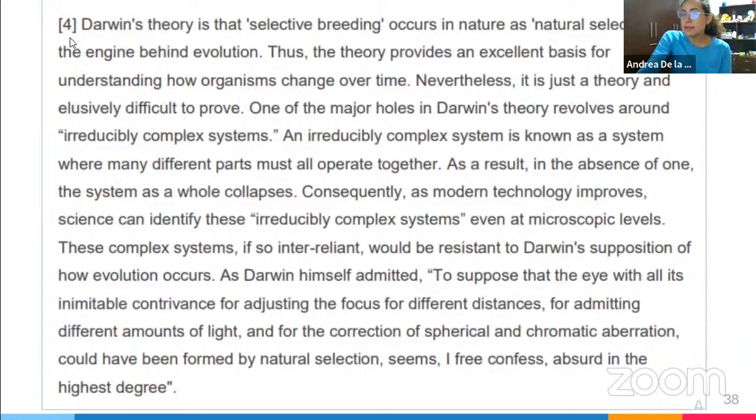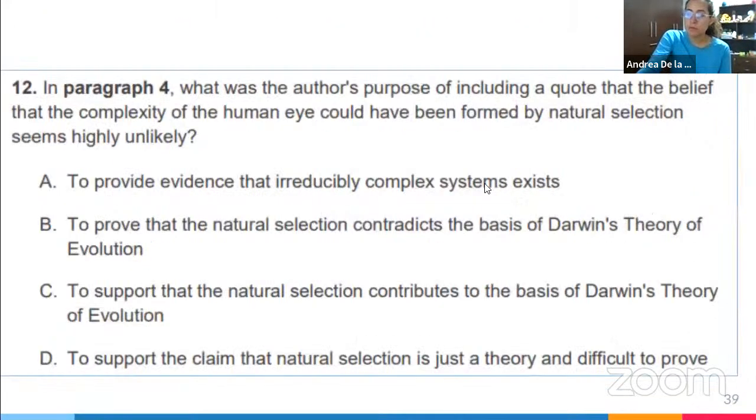Now, if we start reading, it says Darwin's theory is that selective breeding occurs in nature as natural selection is the engine behind evolution. So actually, natural selection is Darwin's theory, right? So how can natural selection contradict the basis of Darwin's theory if natural selection is the basis of Darwin's theory?